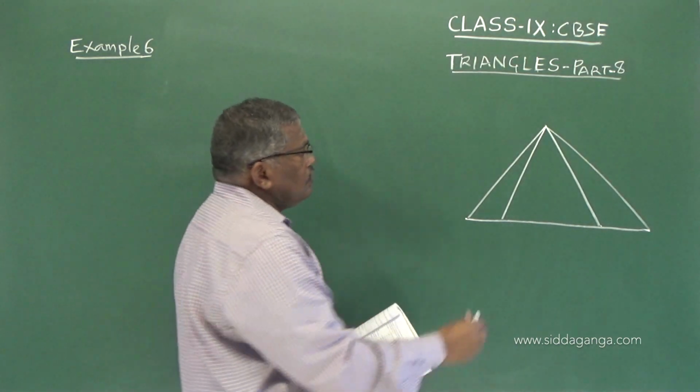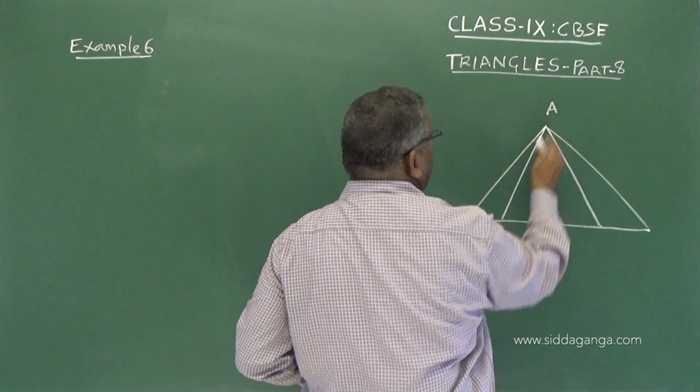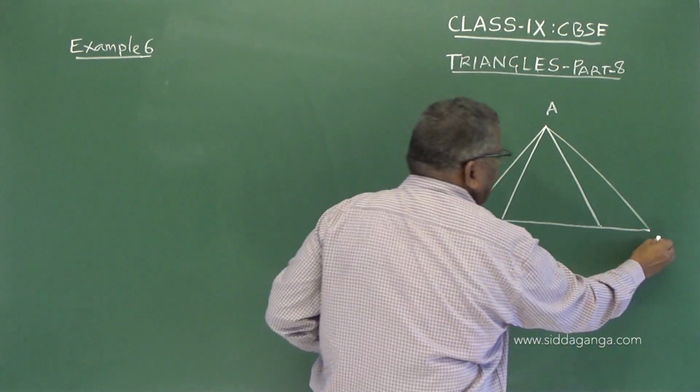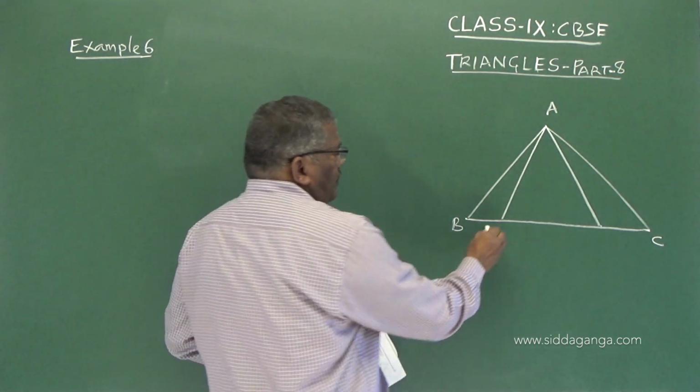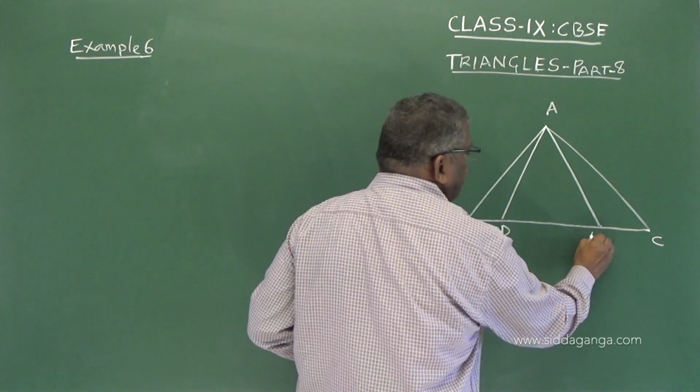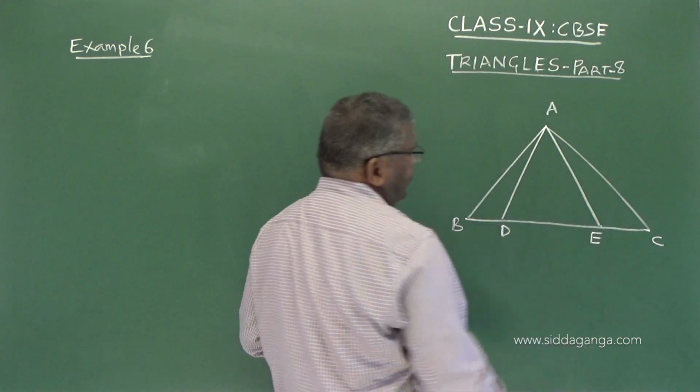Now, ABC is the triangle, and D and E are another 2 points.